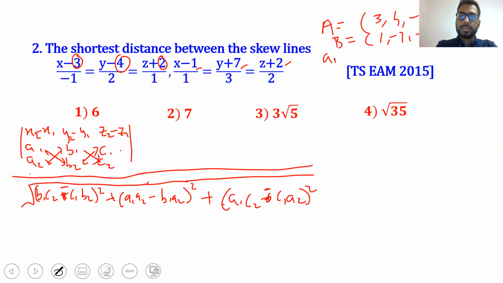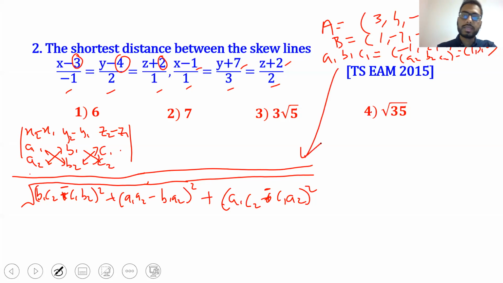My a1, b1, c1 is going to be this, so minus 1, 2 and 1. And my a2, b2, c2 is going to be this, so that is 1, 3 and 2. I have all my required values. Substitute all these values in this equation, and we get an answer.